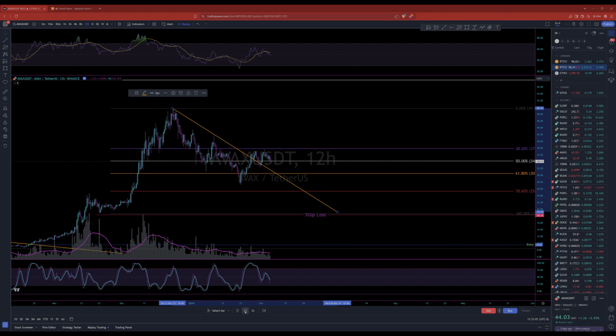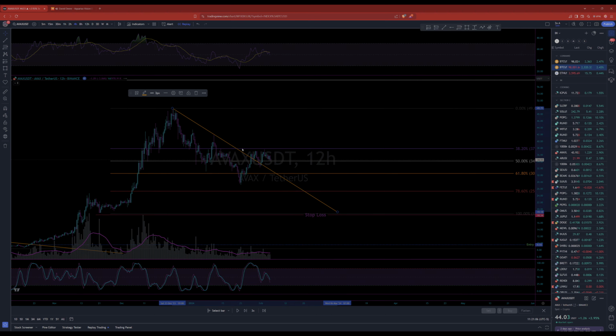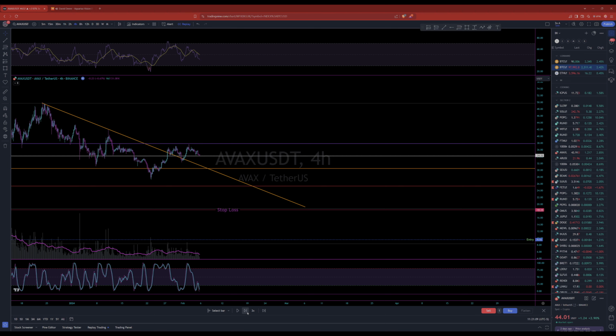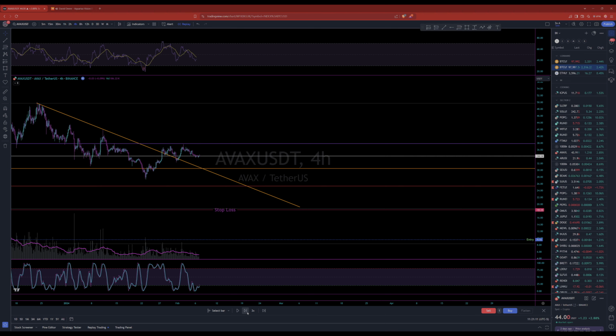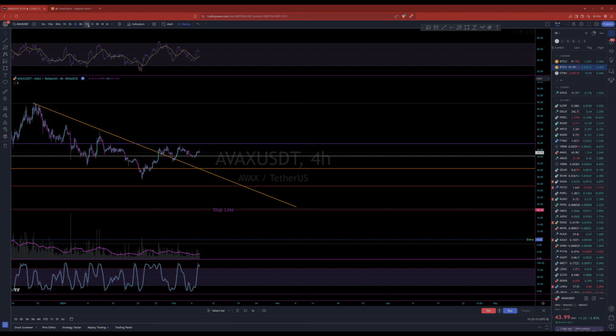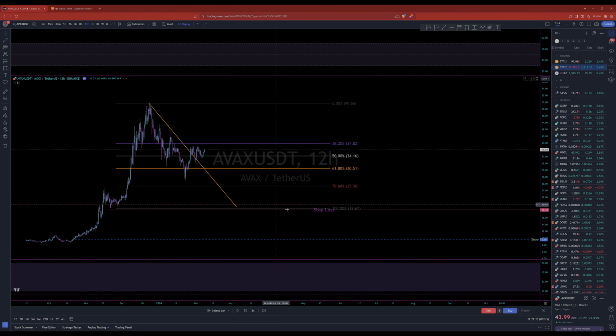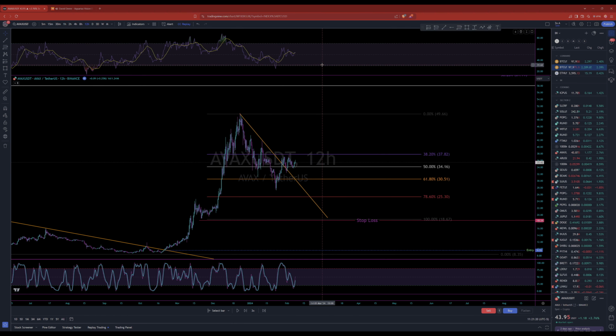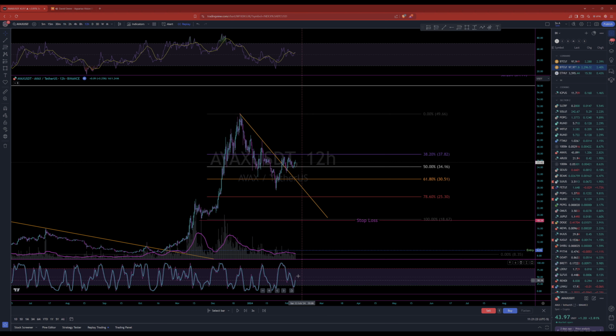Not yet. That looks like a double top. Let's zoom in. All right, I'm pretty happy with what's happening there. It's trying 50. That looks like it's curling up.